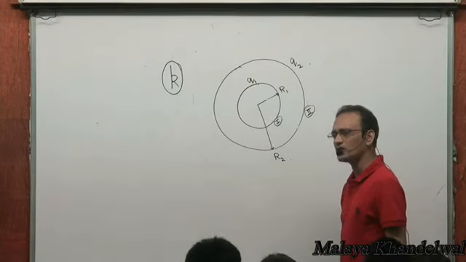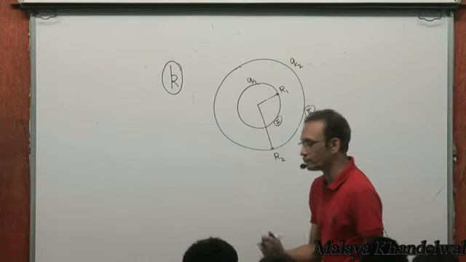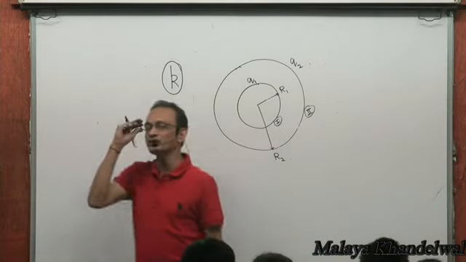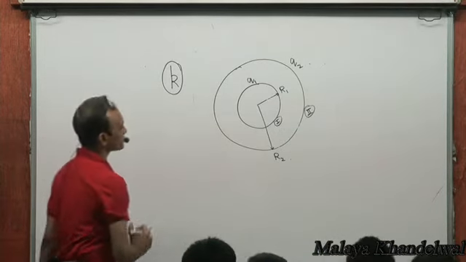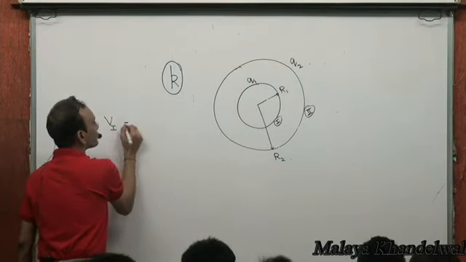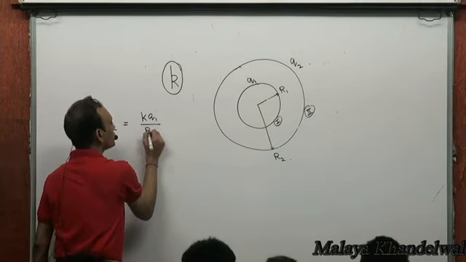I've done this problem in the class, but let me still do it one more time, because it has an important instruction to communicate. So what's the potential on 1 because of its own charge? k q1 by r1.